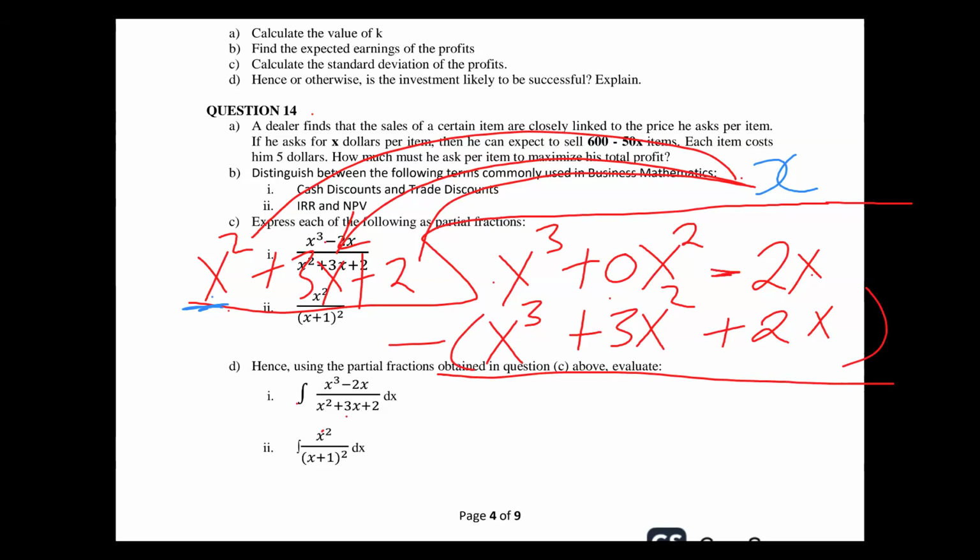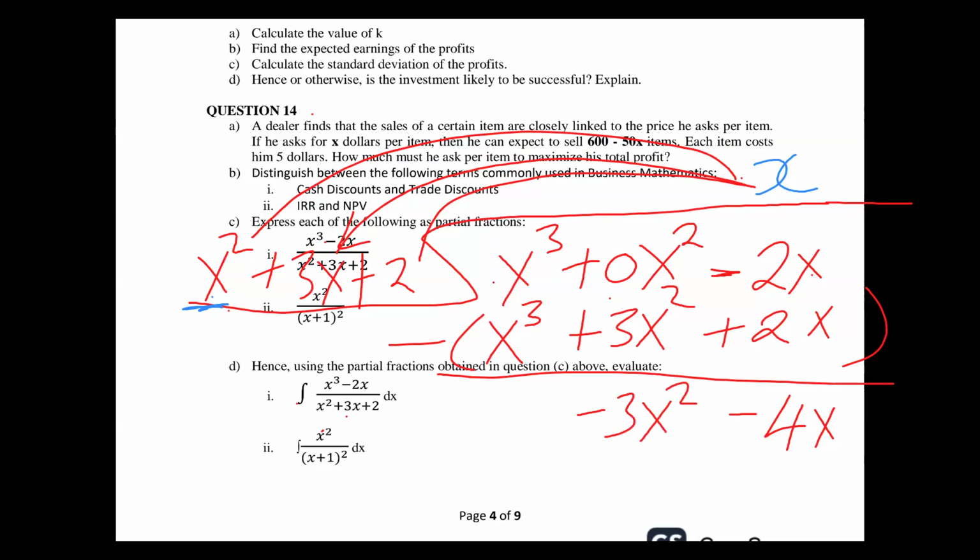Negative 2x minus 2x will be negative 4x, right? Negative 2 and negative 2 is negative 4. Then 0 minus 3x squared will be negative 3x squared, yes? And 3x squared minus 3x squared, we know that is 0.